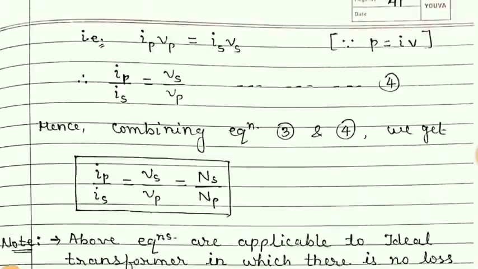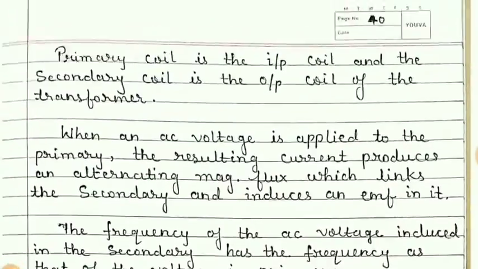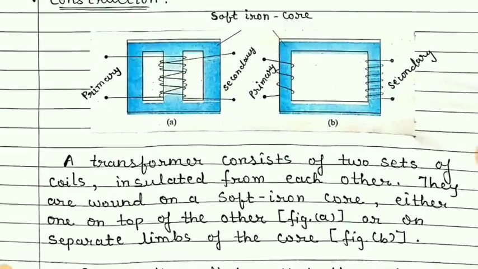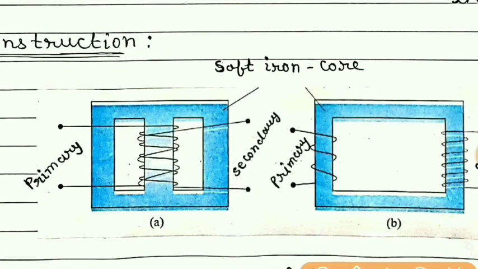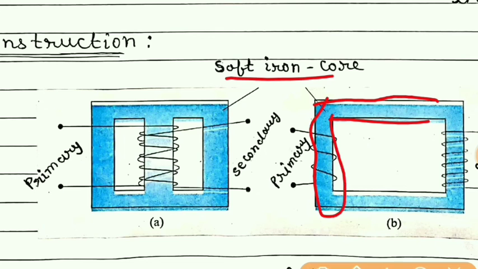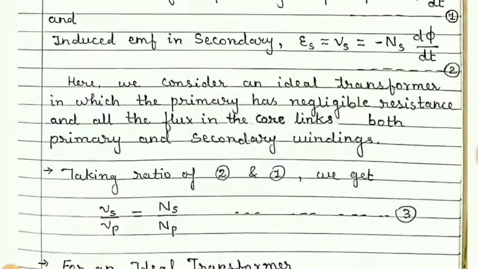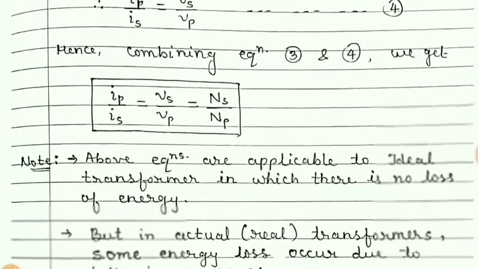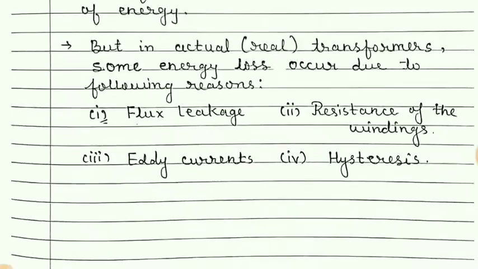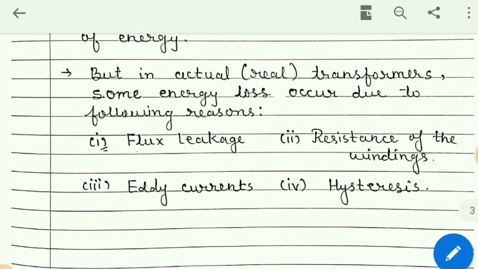Where are these eddy currents produced? The eddy currents are produced in this soft iron core, and due to that, some energy is lost in the form of heat. Students, always remember, this energy is lost generally or mainly in the form of heat only.